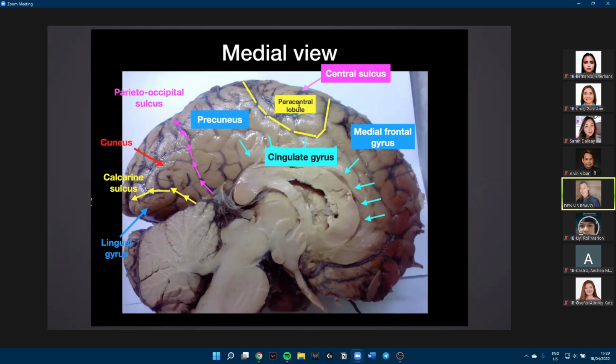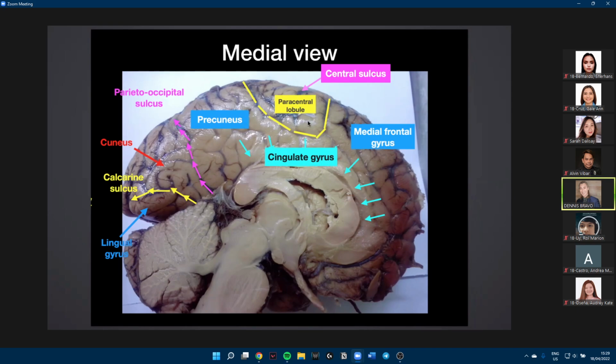This central sulcus on the medial view is surrounded by a U-shaped gyrus. We call it the paracentral lobule. The paracentral lobule is a U-shaped area that surrounds the central sulcus.